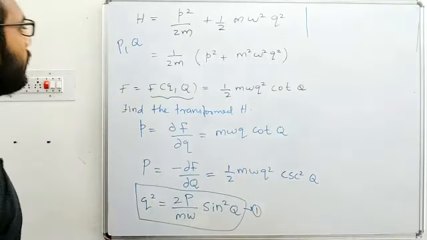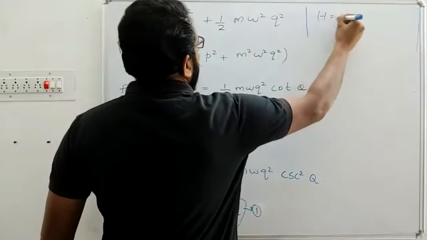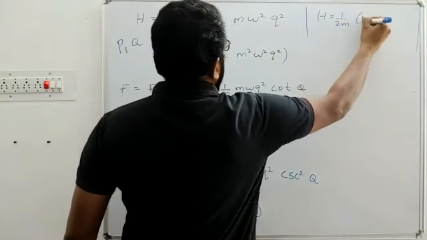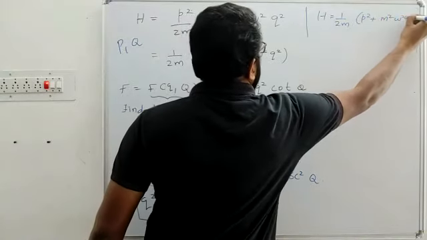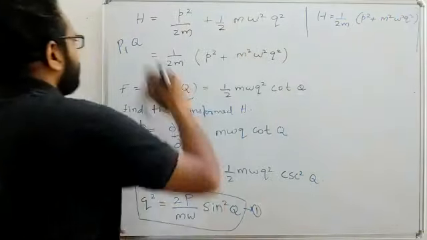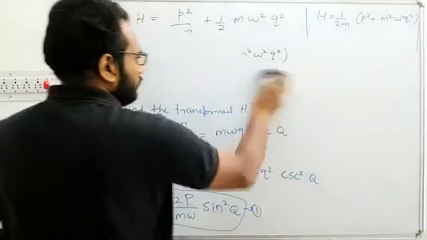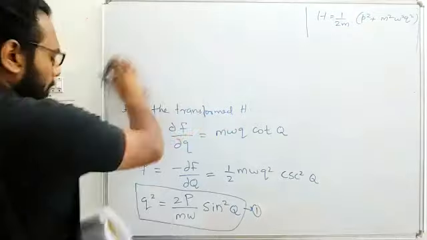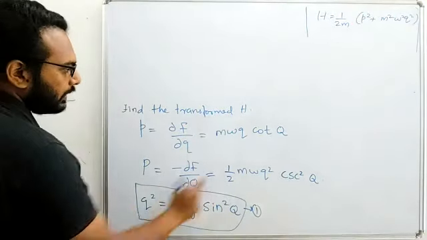So we'll just write the Hamiltonian, 1/2m (p² + m²ω²q²), right? Now you substitute this q here, right?